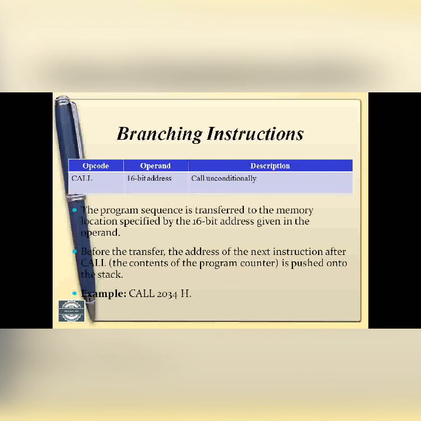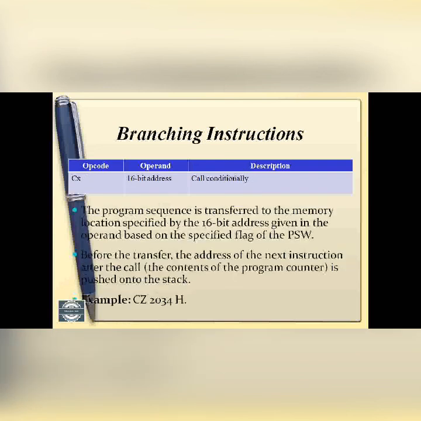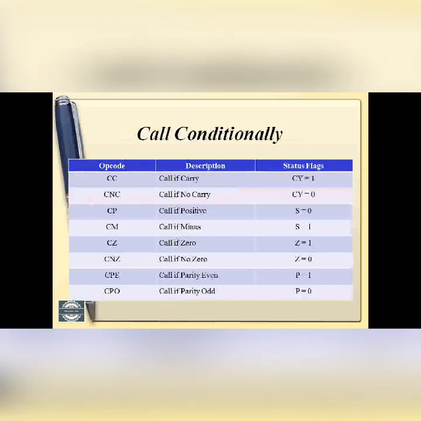Whenever the X is coming, just like with J, here also X is coming, that means call conditionally. Here also I will tell you all the call conditions one by one. You have to write down the opcode, the descriptions and flag status. CC, call if carry, when the status is CY is 1.